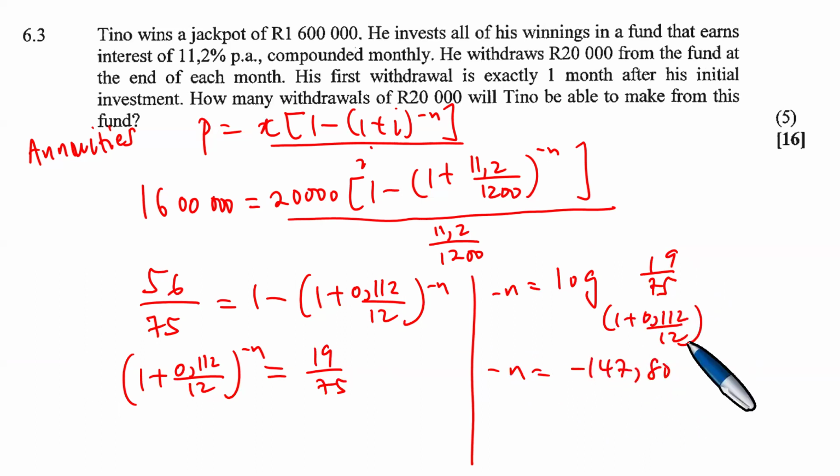147,80. Using a calculator here, you get this. And now, if you divide by the negative, you get that n is 147,80.